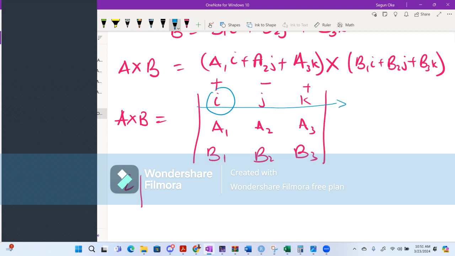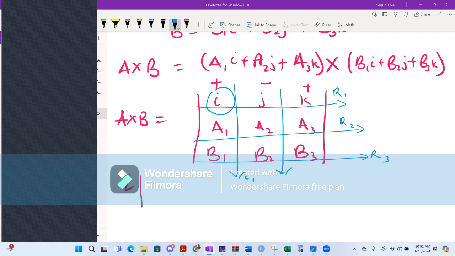When I talk about rows, this is row 1, row 2, and row 3. This is column 1, column 2, and column 3. So take note, when I call row 1, row 2, row 3, you know where I'm talking about.